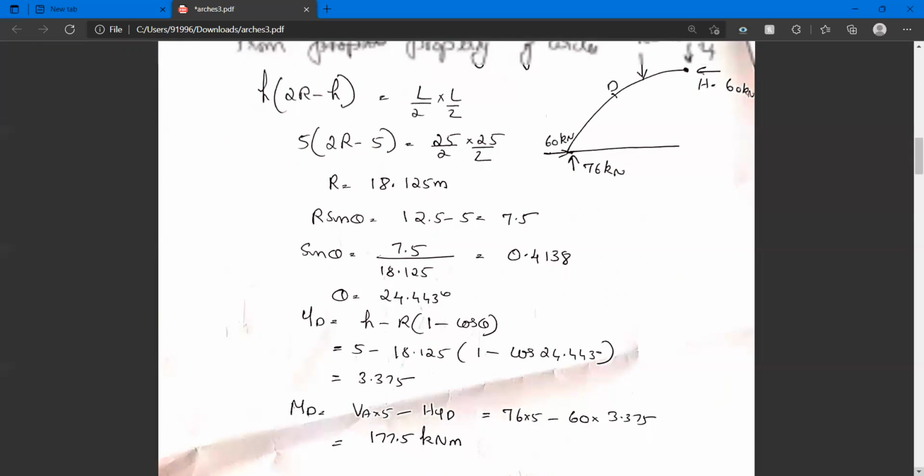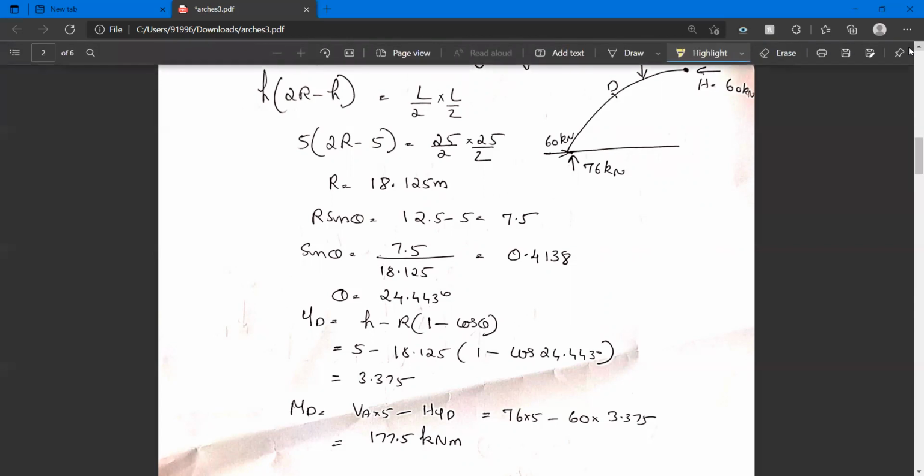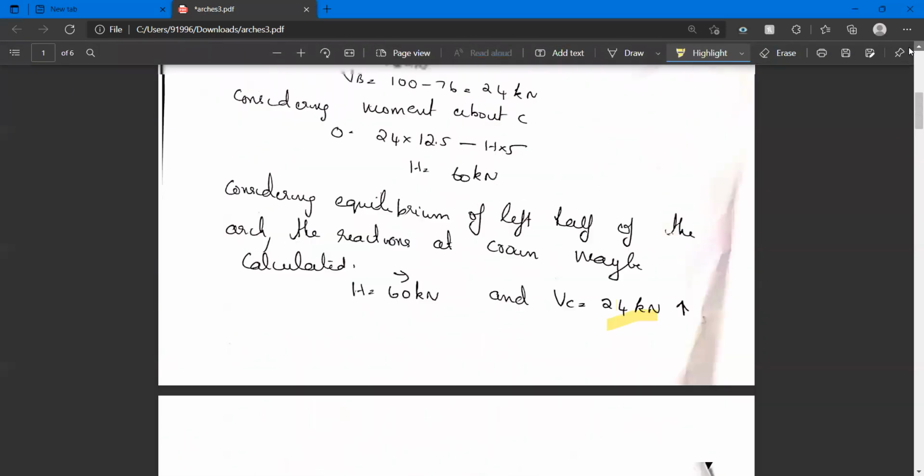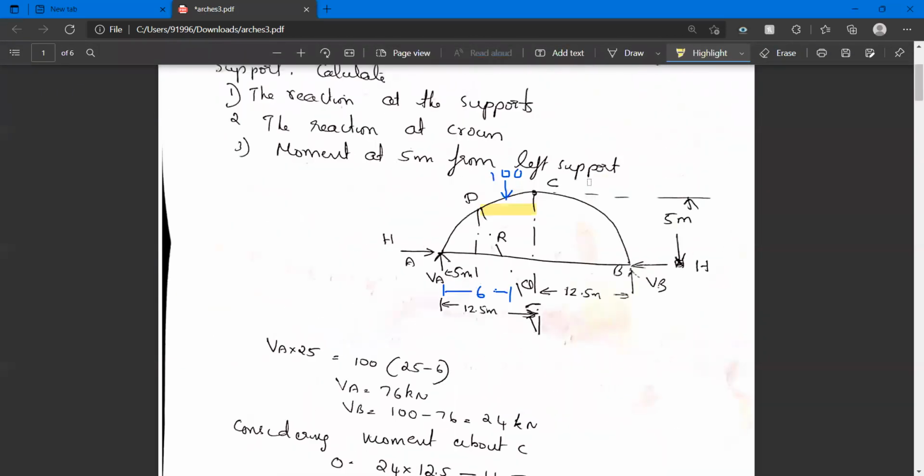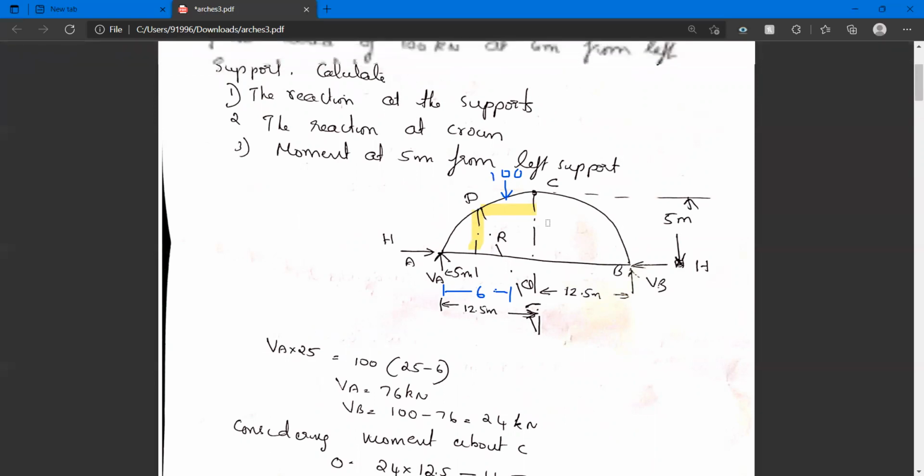Now, to find out moment at D, we should know the vertical distance at D, YD. How can we find out YD? Let us again refer to the figure. YD is the vertical distance from D to the base of the arch. And how much is that? From H, we should subtract some part.